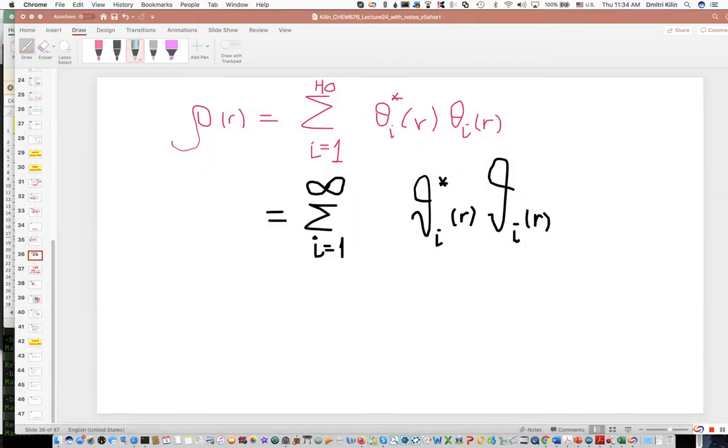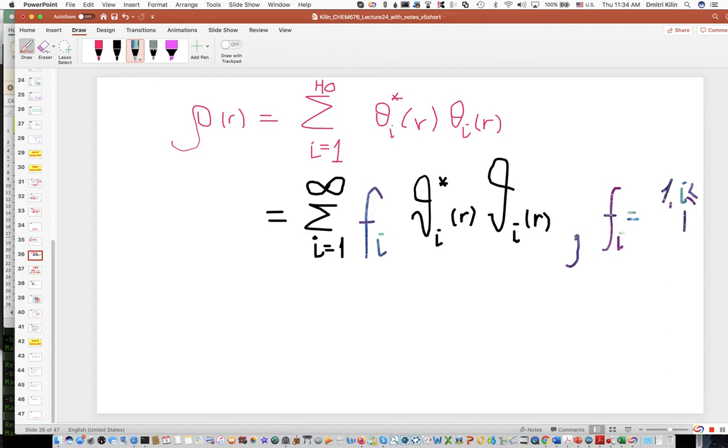So what if I put here a factor f sub i, and I will put a comma and say f sub i equals 1 if i is less than or equal to HOMO, and f sub i will equal 0 if i is bigger than HOMO.